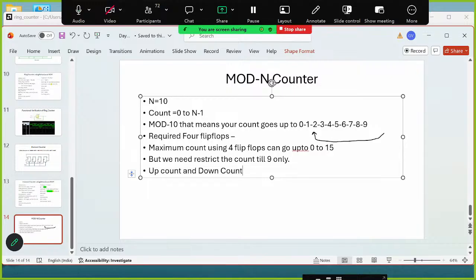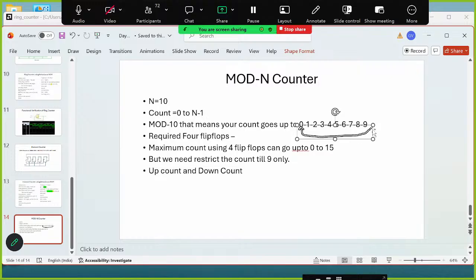That means they can count from 0 to 9, so this is called an up counter, or they can count from 9 to 0. That means down count. So you can create any type of count, up count or down count, using these mode counters as well.